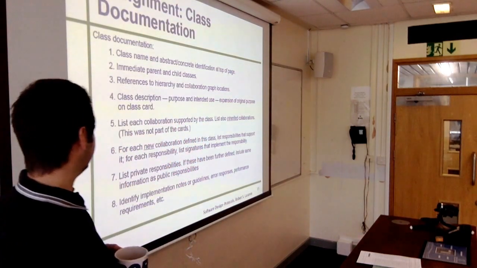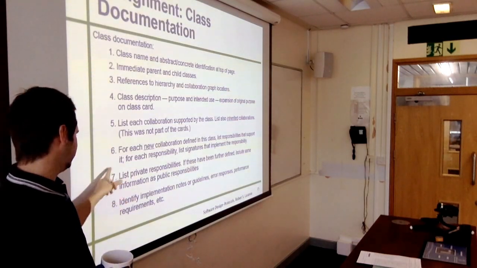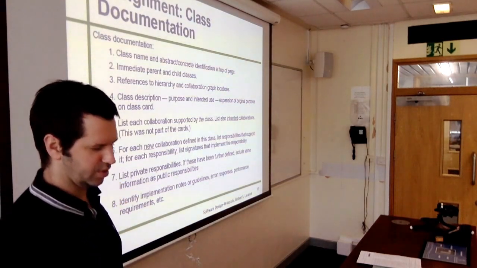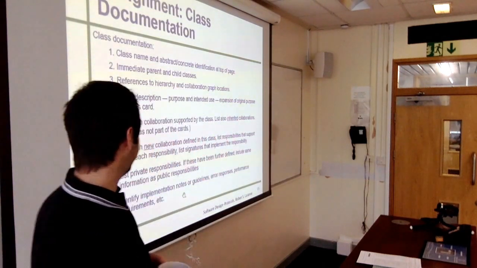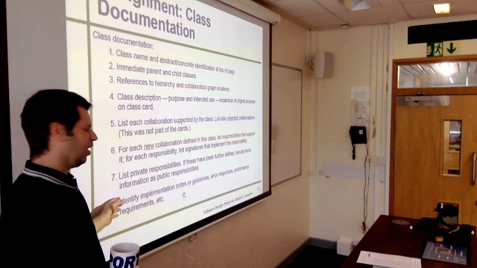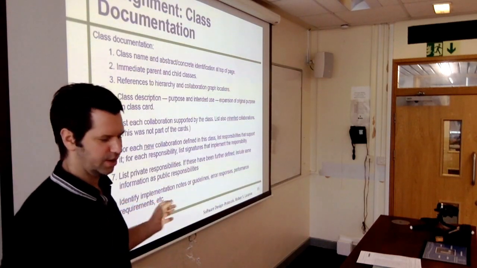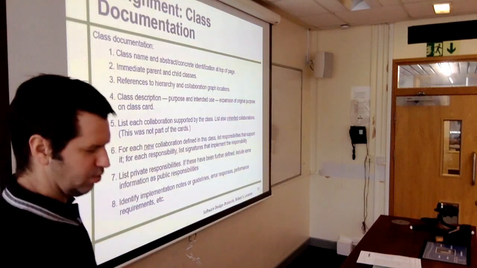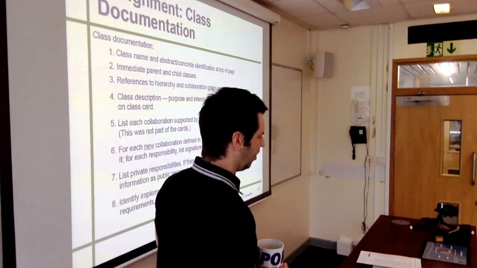I would say this is not imperative. I wouldn't worry about that at this point, actually. And we might have an area that just has notes for anything else that we think is important, right? Any implementation notes or guidelines, error responses, performance requirements, and so on.